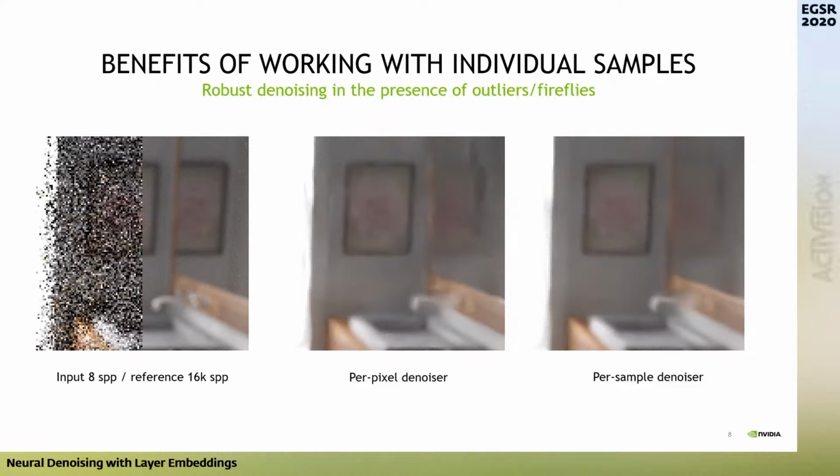If you look closely, you can see quite a bit of blotchiness, and this is due to the outlier samples. The denoiser, as it works only on pixel averages, struggles to isolate the effect of these fireflies. In contrast, the per sample denoiser can more easily isolate the fireflies and create a smoother looking denoised output.